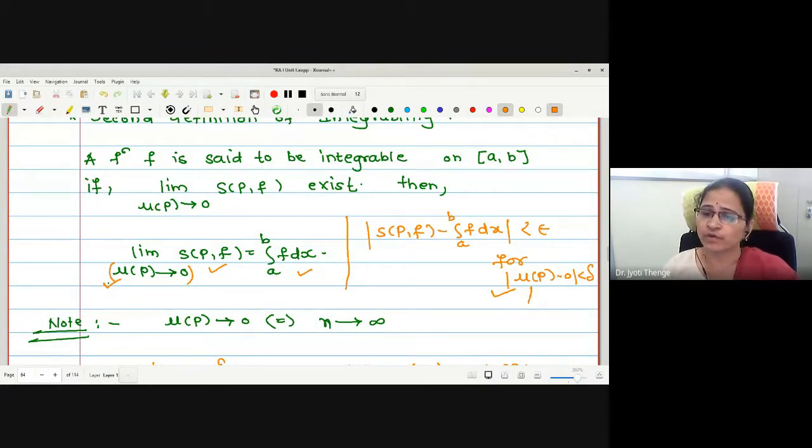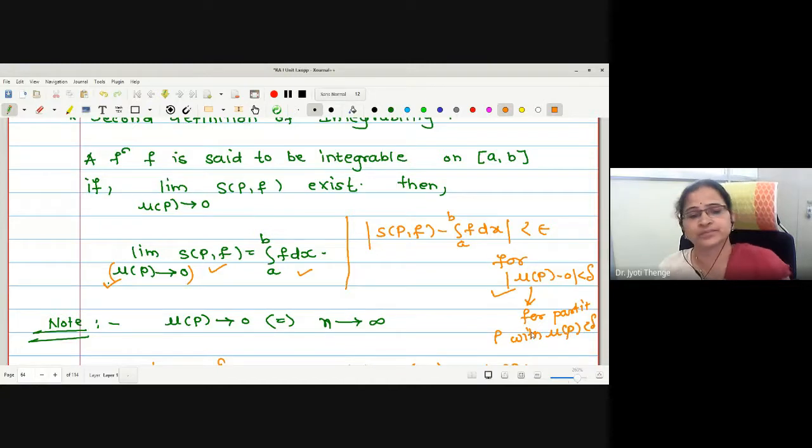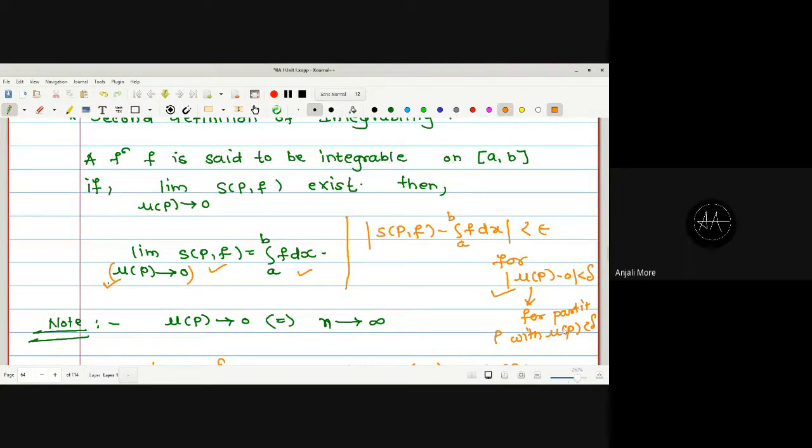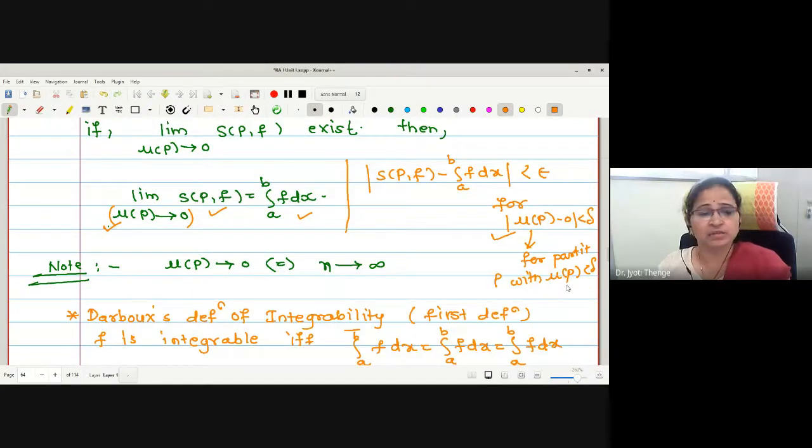Correct, no? Therefore, for which partitions is this true? For partitions P with norm P less than delta. Is it okay? Yes, ma'am. If you don't write this condition, it means that it will be true for any partition. But for any partition, can you write mu p tends to 0? No.